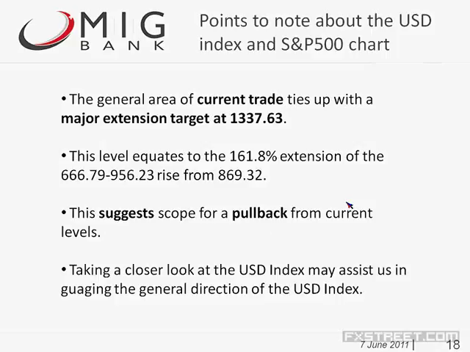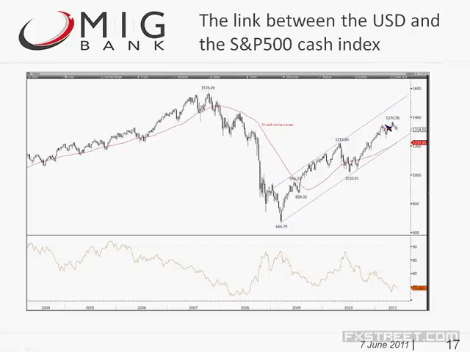Something else that is quite important here on the S&P 500 chart is that we have reached a major extension target at 1337.63. So if I go back to the slide, we're looking roughly up here.